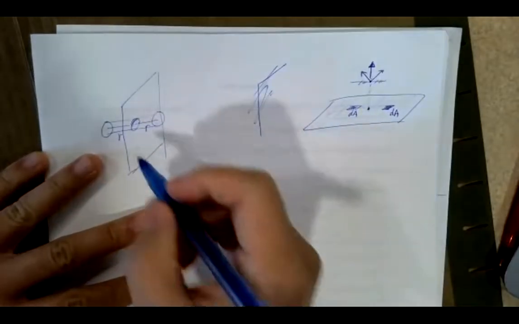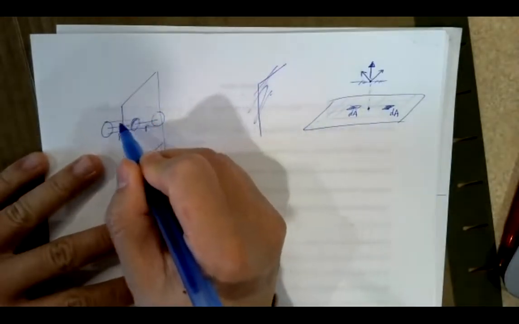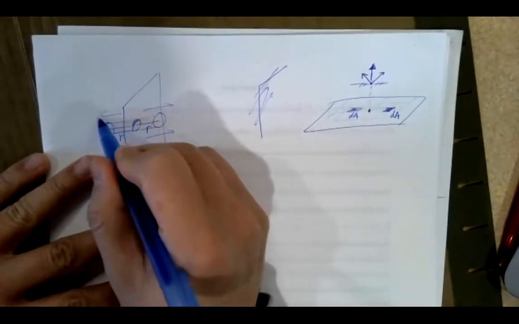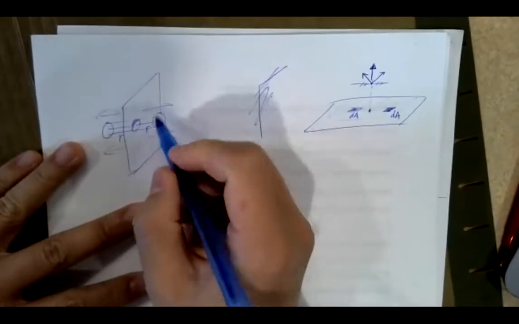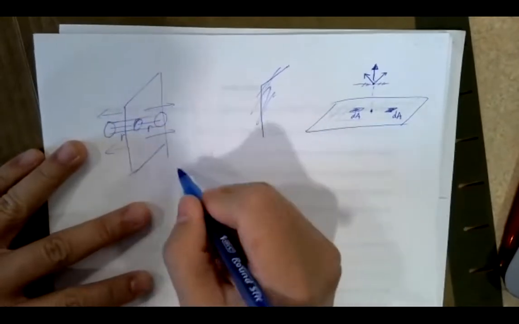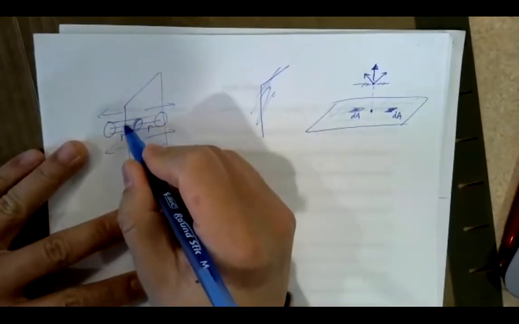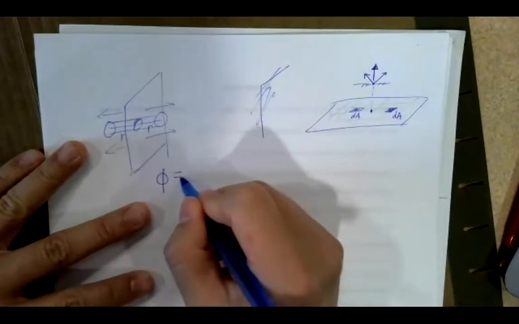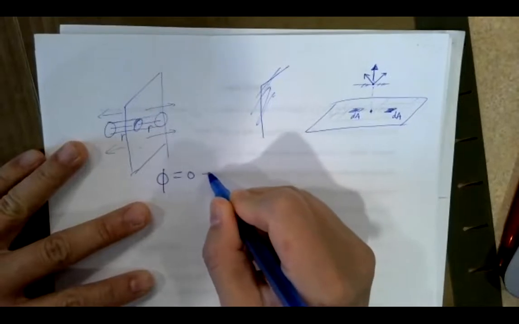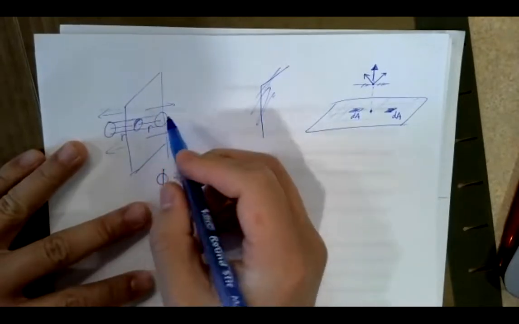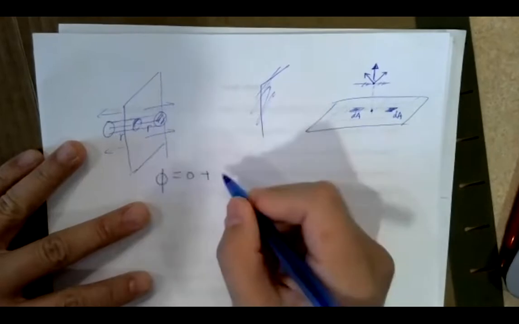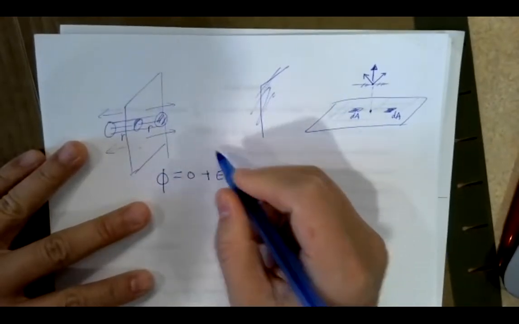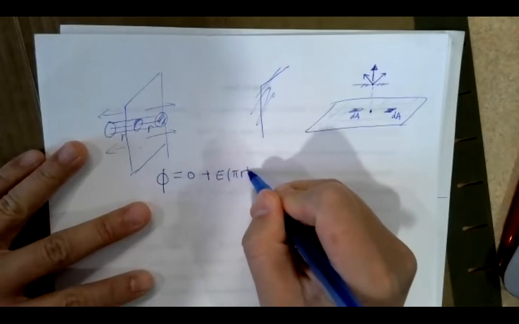Now, the field is perpendicular to the sheet, and your cylinder is also perpendicular to it. So the flux through the side surface, which is parallel to the E field, should be equal to 0. Plus the two bottoms, A times E.